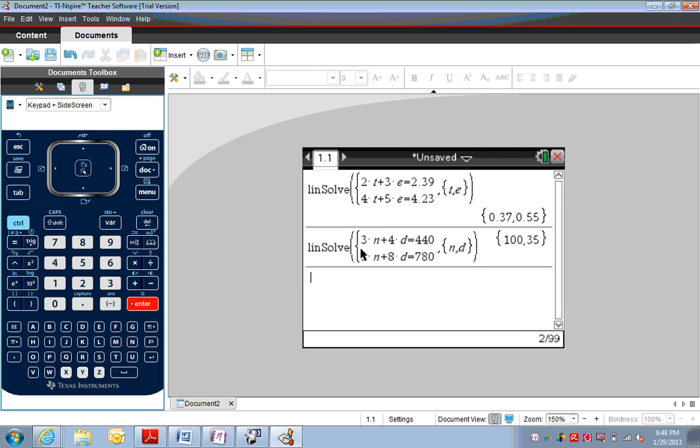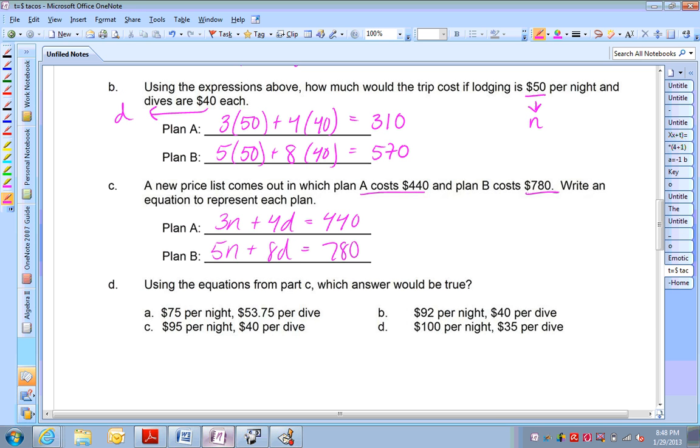And then you hit enter. And now it should tell you that n, the cost for a night's lodging, is $100, and the cost for a dive, which is represented by d, is $35. So we go back to our worksheet and find out that our answer choice D is the answer to this problem. Okay, go ahead and flip to the back and let's finish this worksheet up.